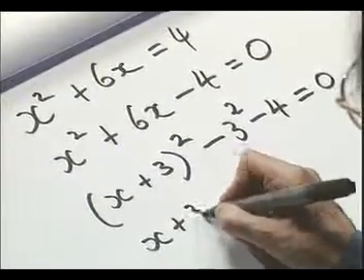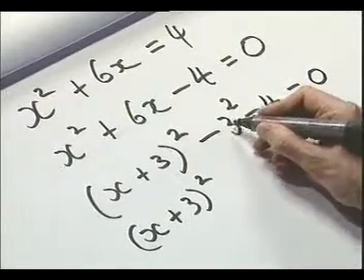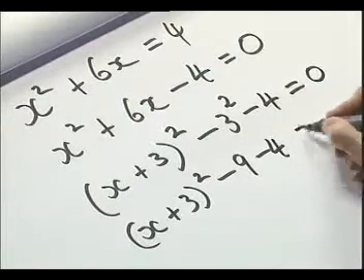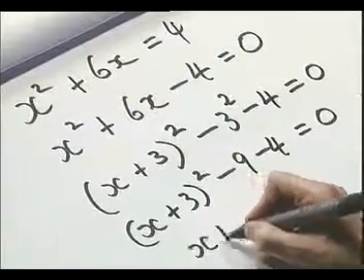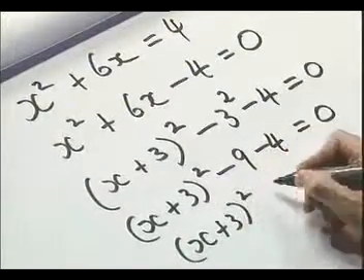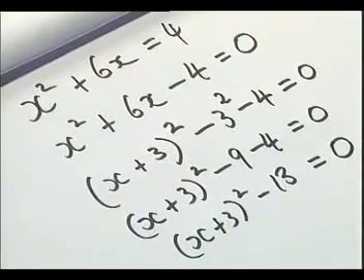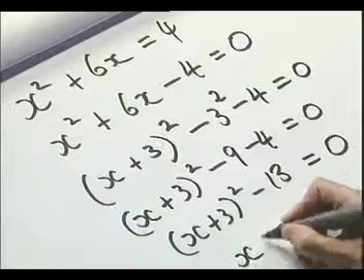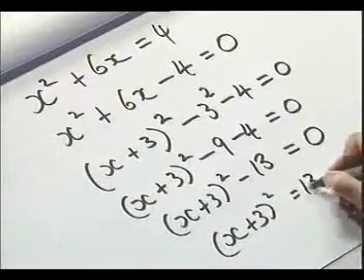So x plus 3 all squared minus 3 squared, that's minus 9, and minus 4 equals 0. So we can combine these. x plus 3 all squared minus 13 equals 0. Add the 13 to each side. x plus 3 all squared equals 13.